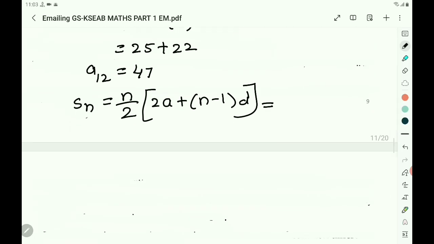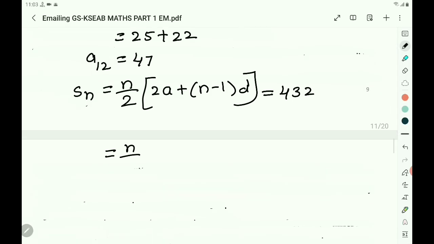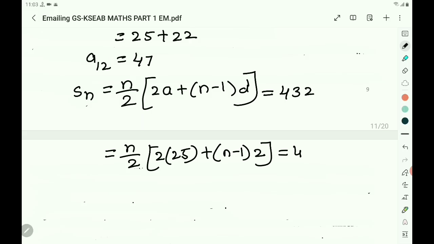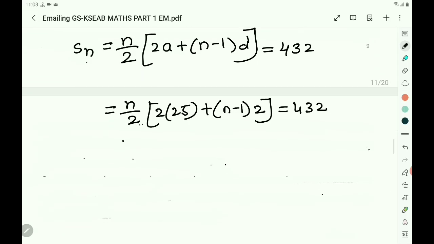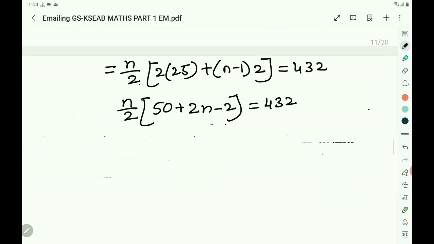432. 432 equals n by 2 into 2 into 25, A is 25, plus n minus 1, D is 2. Then n by 2, 50 plus 2n minus 2 equals 432.